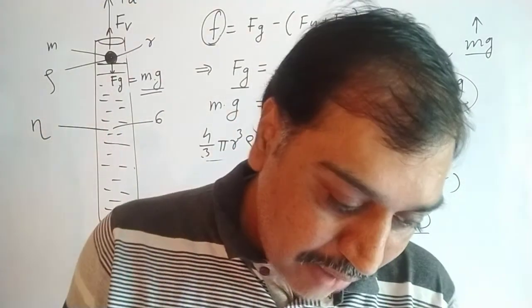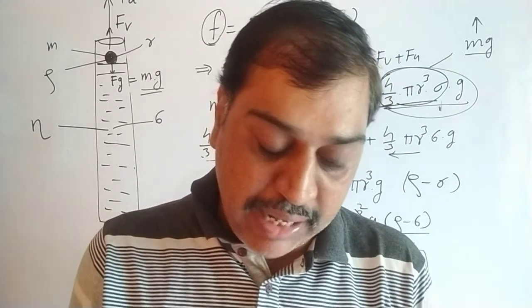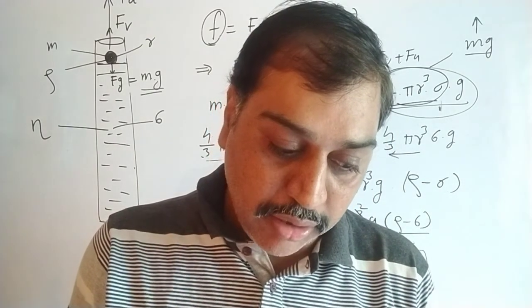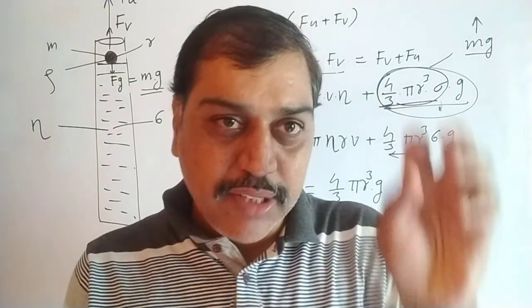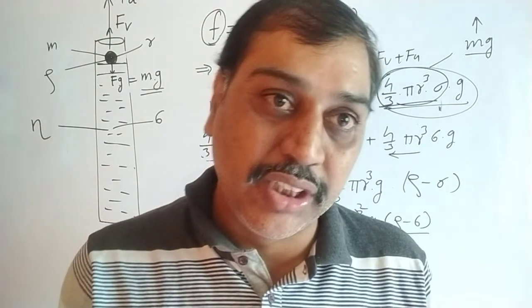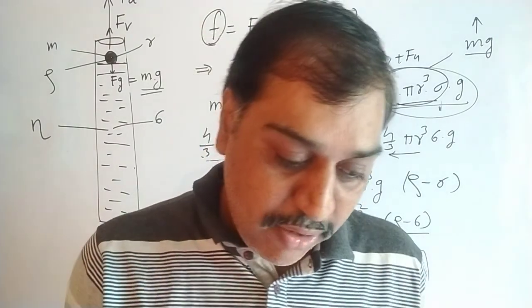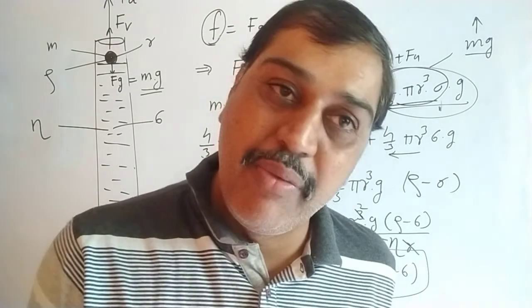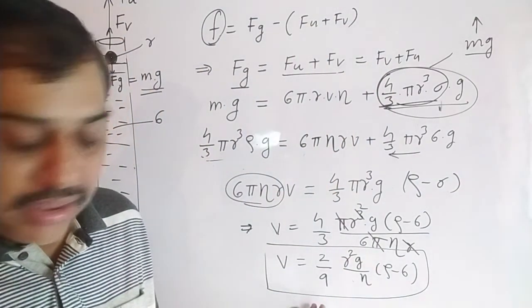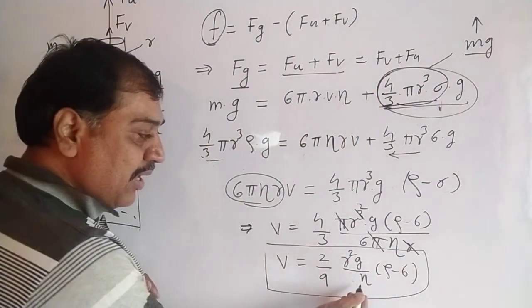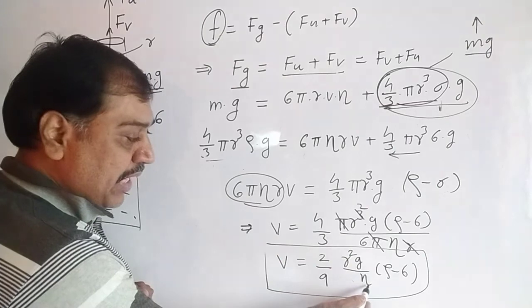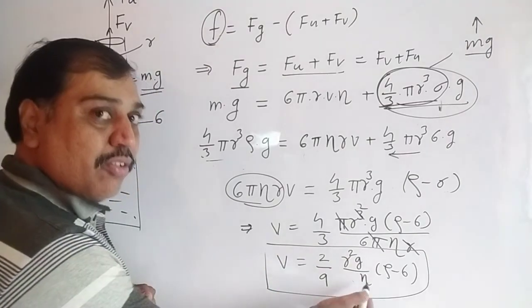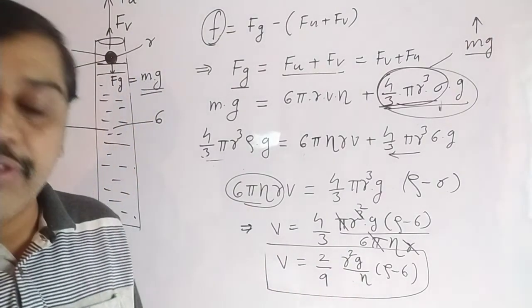Before this they mentioned that when equilibrium occurs, the velocity with which the sphere goes in the downward direction remains constant, and that constant velocity is said to be terminal velocity, given by this equation. Same thing here, eta is there, you can find the value of eta also. Take eta here, move this v here, so we can find the coefficient of viscosity also.